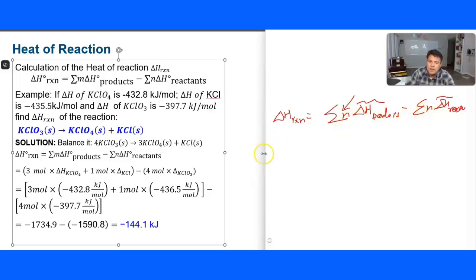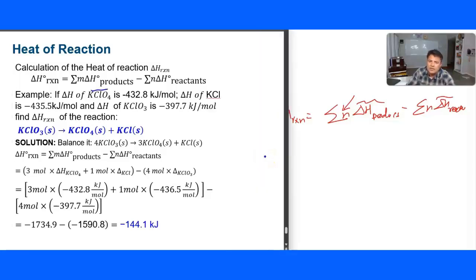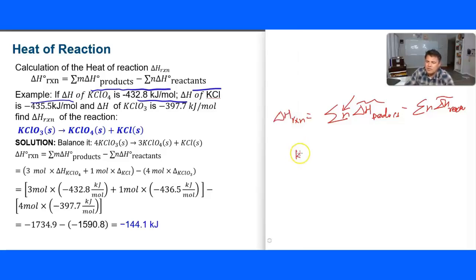For example, if delta H of KClO4 is given here, delta H of KCl is this, you see, and delta H of KClO3 is this. Find the delta H of reaction for this reaction. What is the reaction? KClO3 gives you KClO4 plus KCl.